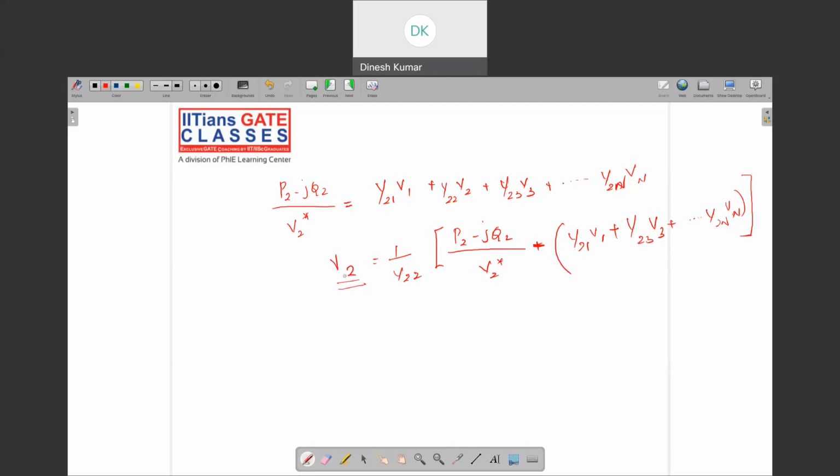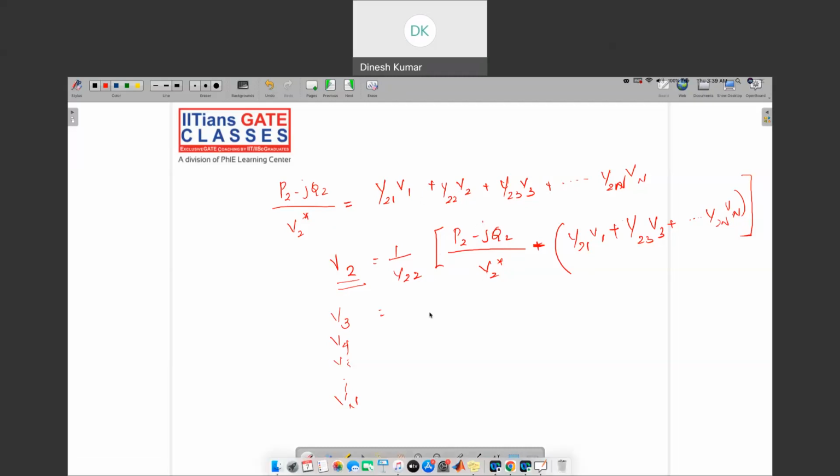Similarly, we can write for all the equations, right? V3 we can write, V4 we can write, V5, almost up to Vn. Here these things are actually specified, P2 minus JQ2. On some places Q is specified, so we have to write Q in terms of V. Like that I will be explaining later.